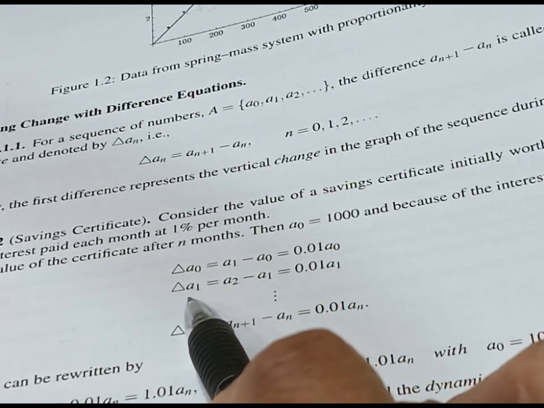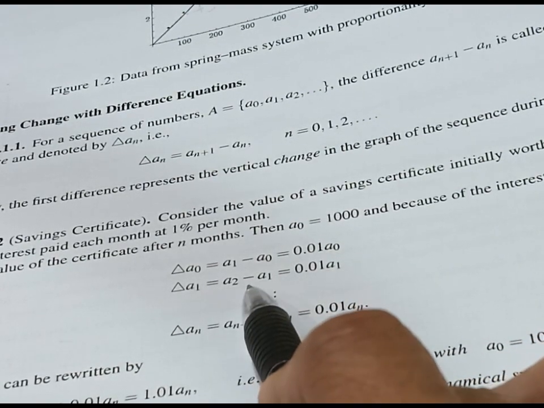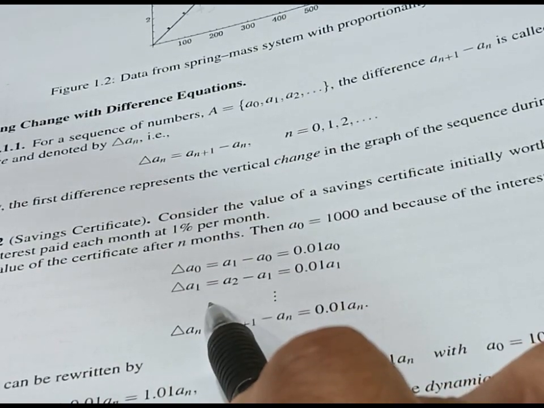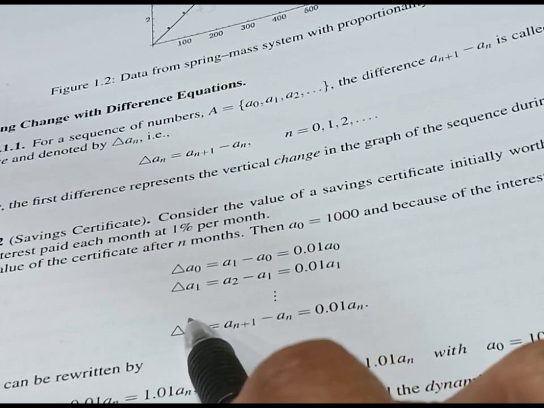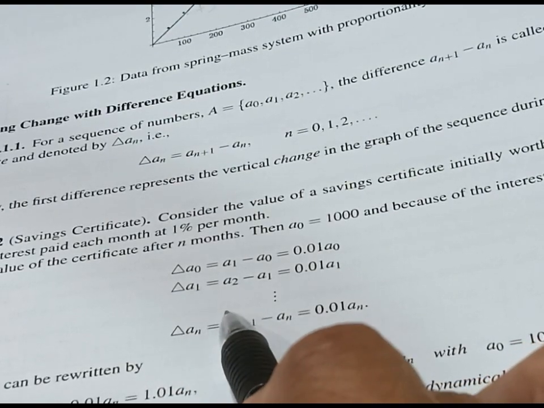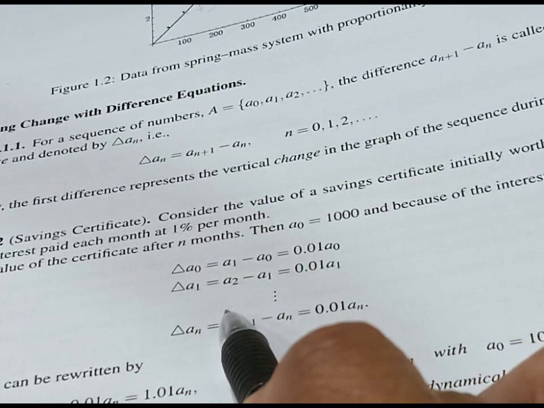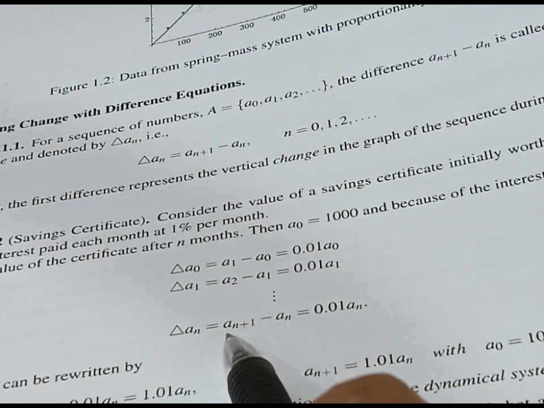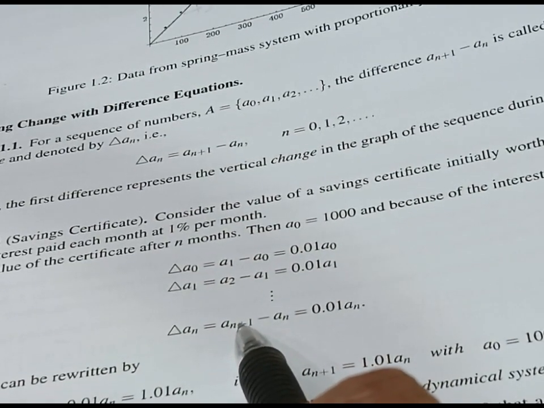And the rest follows: delta A1 is A2 minus A1, delta A2 is A3 minus A2, delta A4 is A5 minus A4, and so on. Okay, it goes like the following pattern.